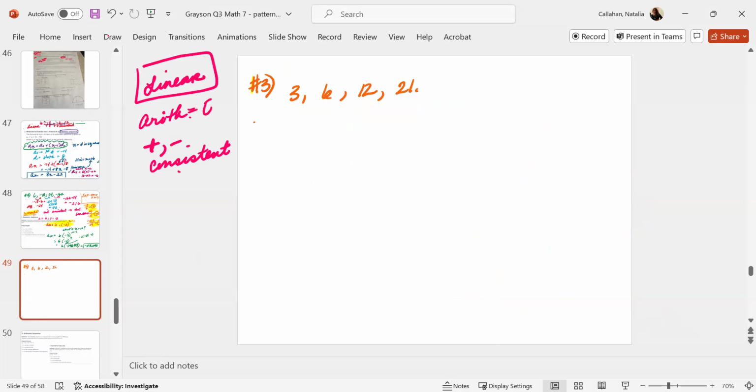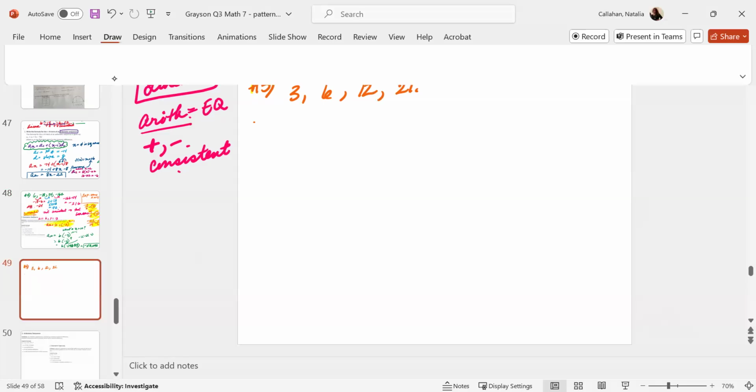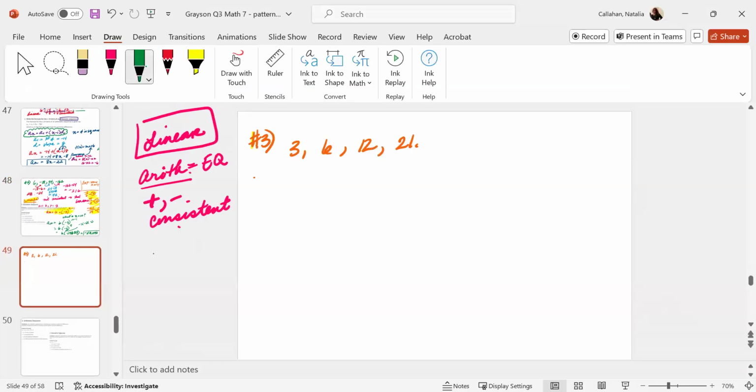And for the equation, you're going to use the arithmetic equation, right? The second one we talked about was if it was exponential, right? You've got to use a geometric equation, right? And this is if you're multiplying or dividing by the same number. And it also has to be consistent, right?